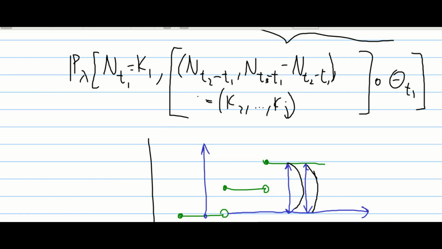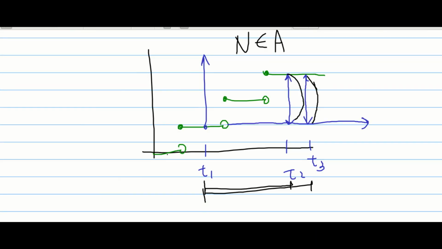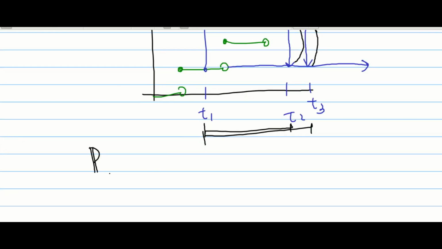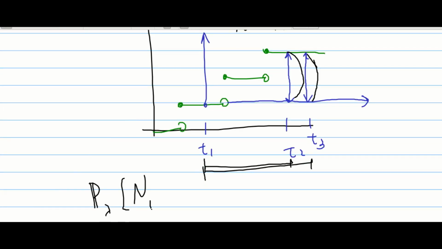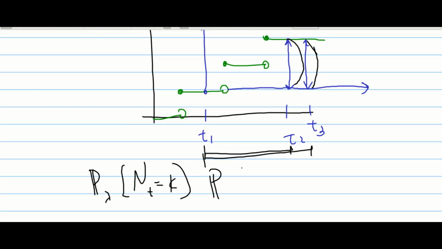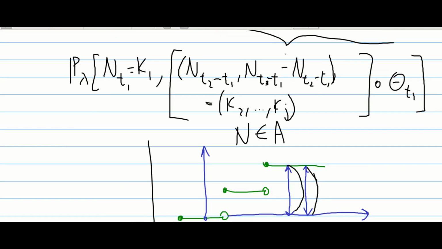But now we have something that is composed with theta 1. So it's an event, I don't know, N belongs to A. I don't even want to write what A is, but we have exactly what we had in the previous lemma. So now we can write the probability that N(t1) is equal to k, the probability that this event here happens.